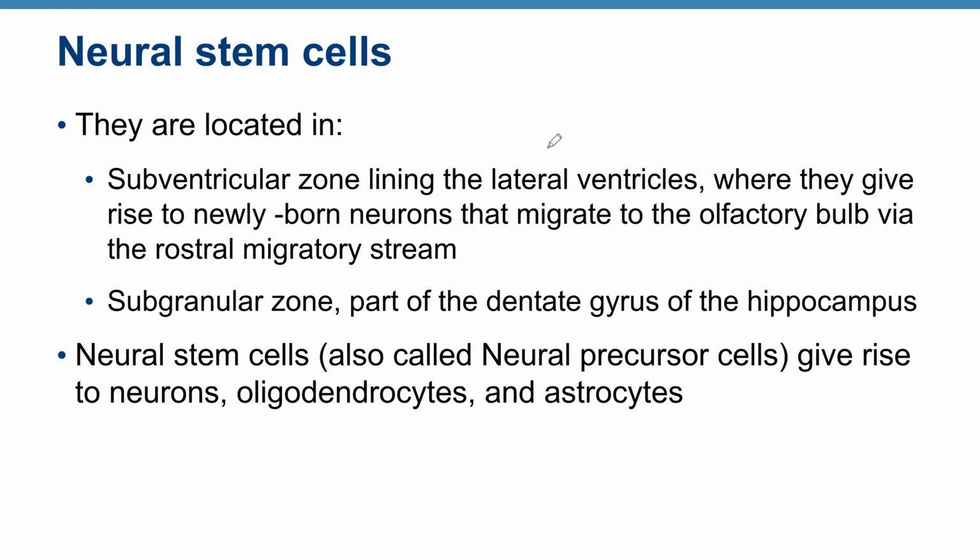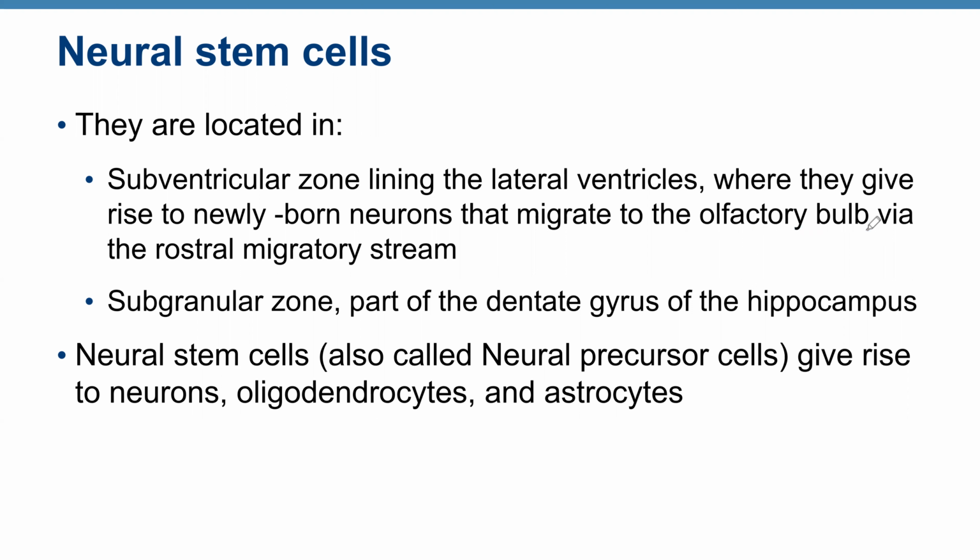In those lateral ventricles, you will find neural stem cells, where they give rise to newly born neurons that migrate to the olfactory bulb via the rostral migratory stream. So they form inside the ventricles, and then they migrate into the olfactory bulb, the structure you use to smell.